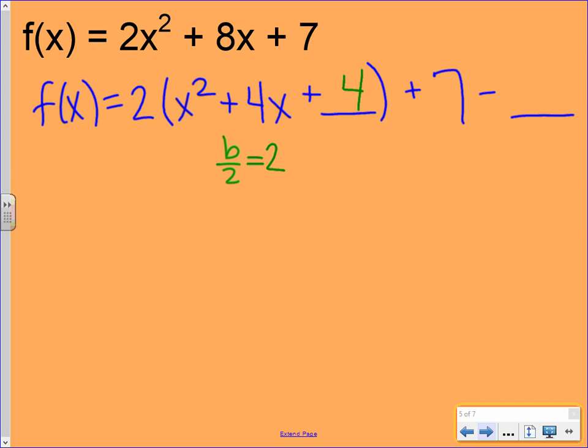I wrote a 4 in here. Is that really a 4 that I wrote? I wrote a 4, you see a 4, but that 4 is being multiplied by the 2, so we've really added 8 to our equation. So to balance it out, we need to subtract 8 from our equation.